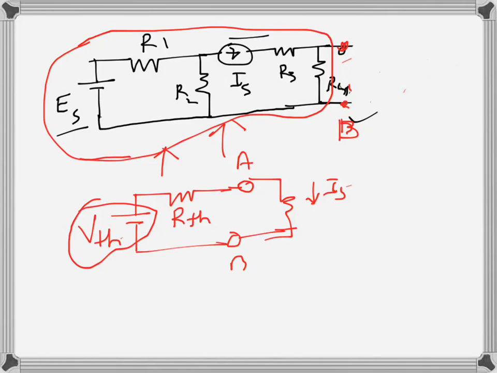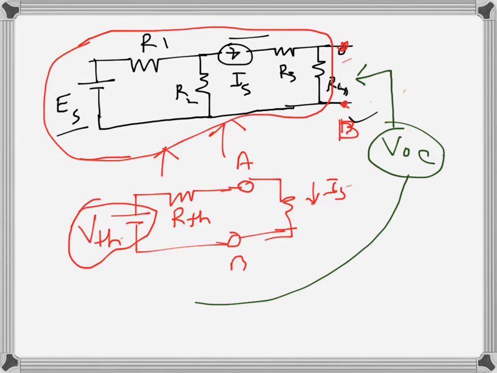The remaining part of the circuit stays the same, only this part is opened, and then the open circuit voltage here, VOC, is calculated. All the sources inside remain like that, and everything else in the circuit remains the same. So this open circuit voltage is the Thevenin's voltage.